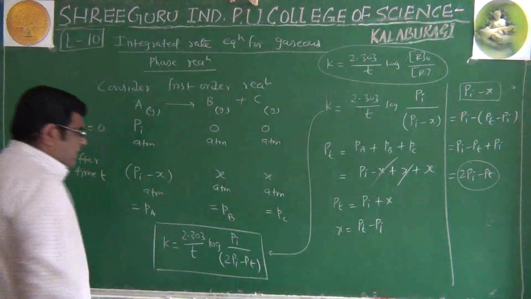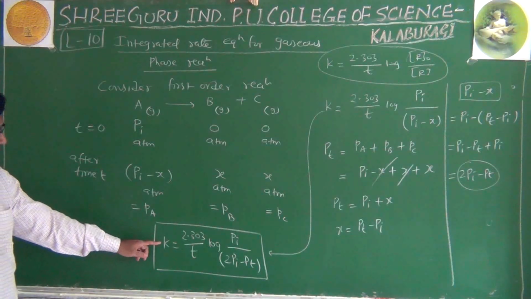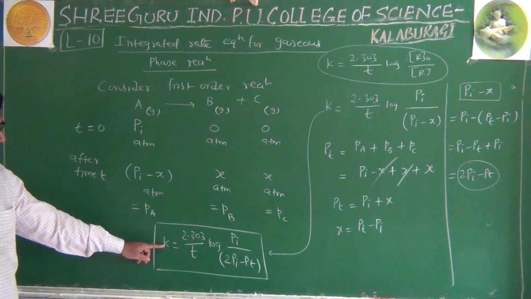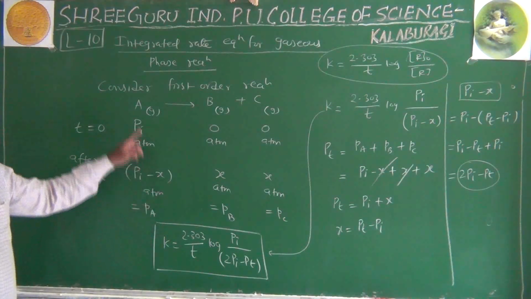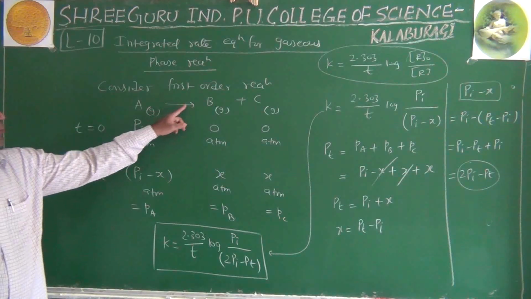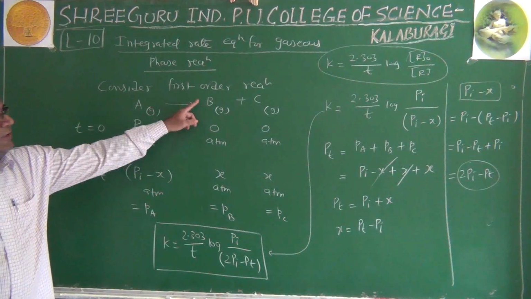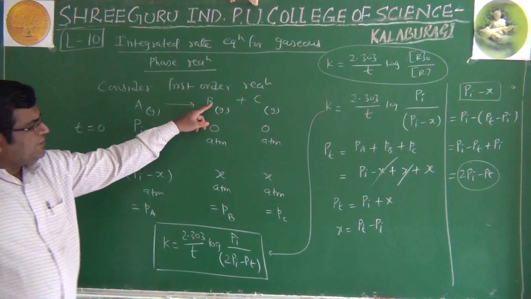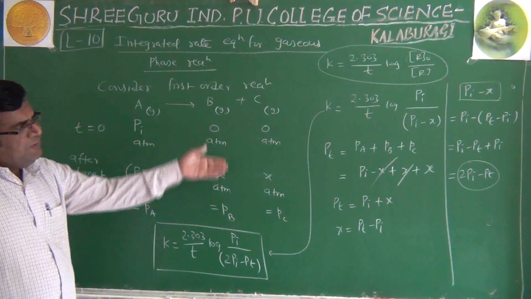So this is the equation for the rate constant of a first order reaction in the gaseous phase. But which reaction? 1 mole of A gives 1 mole of B and 1 mole of C. If the stoichiometric coefficients are different, this whole equation will be different.